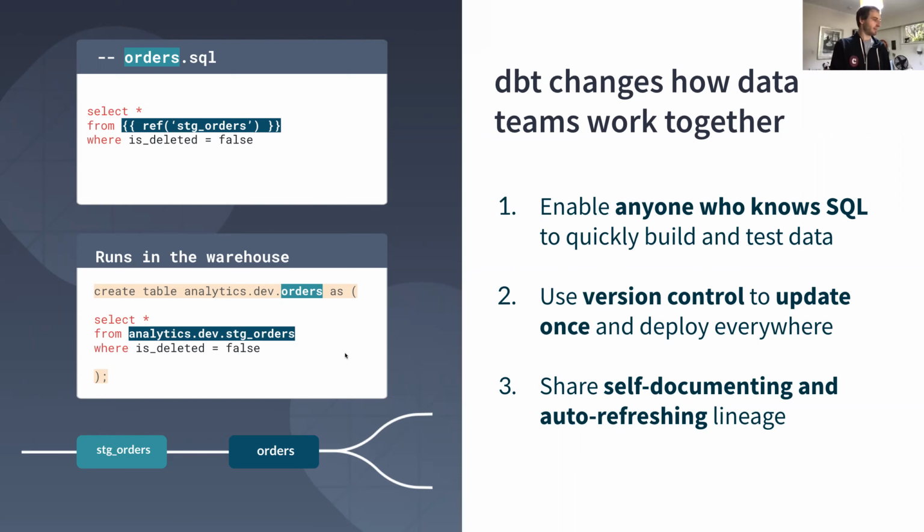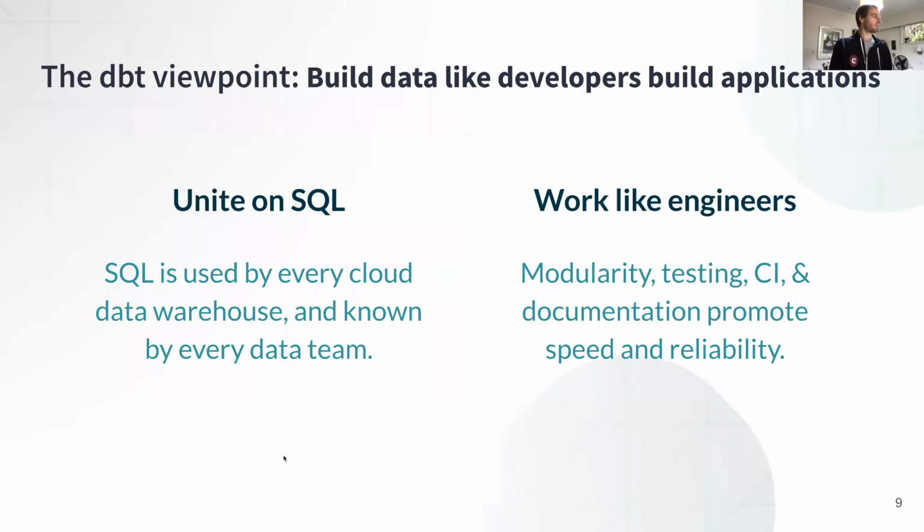This is obviously a very simplistic example, but then you can have orders that depend on staging orders, and that means your analysts at the end of the funnel can actually use clean, known good data, which is documented and keeps its own DAG up to date.